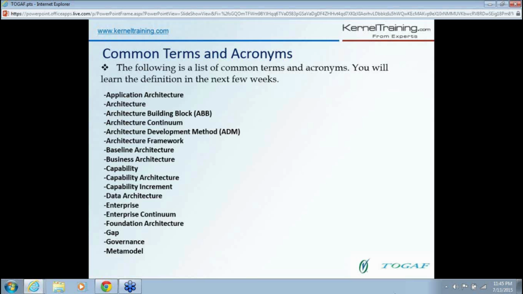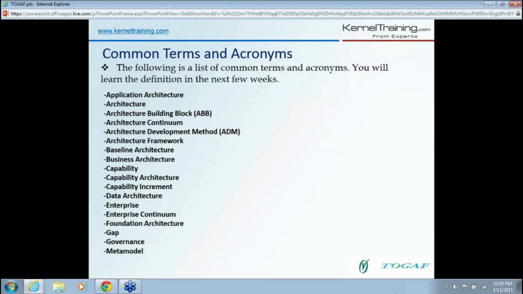Building blocks are what we call reusable objects from an application or an enterprise architecture standpoint. If you think about any application development life cycle, you always try to use reusable components. So building blocks are reusable components that you can use in your enterprise architecture framework.